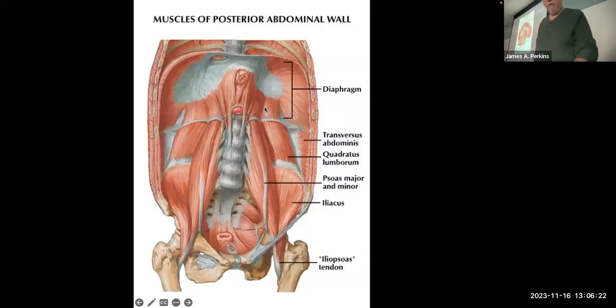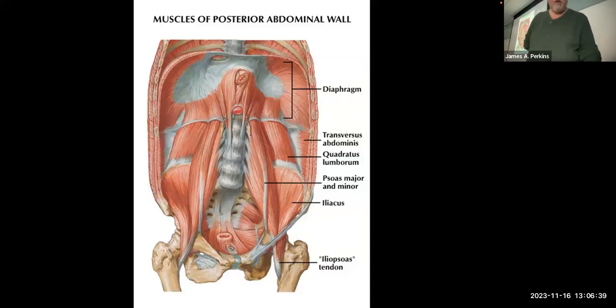So the diaphragm itself is a muscle, a very, very complex muscle. And you definitely don't need to know the whole origin or insertion of this. It's quite complex.